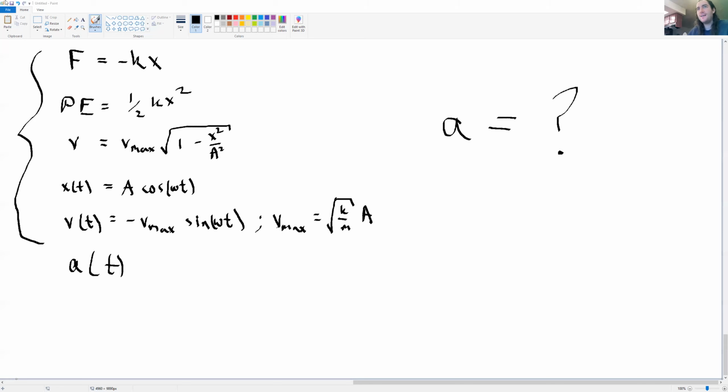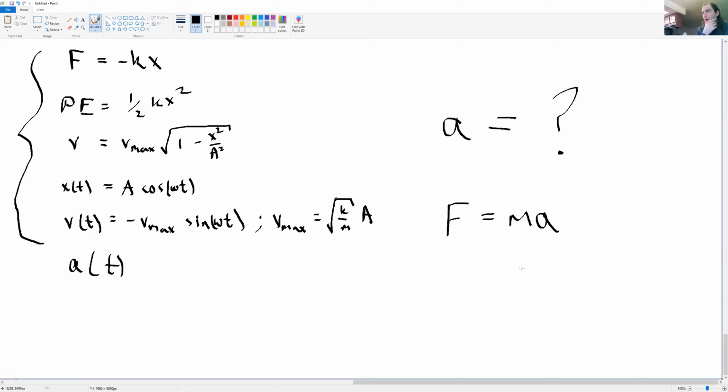Okay, so it's been a minute. So let's go ahead and recall. The way you get from acceleration to stuff we have over here is first remember that F equals ma, right? We always have Newton's second law whenever we're dealing with forces. So if we ever want to go from force to acceleration or acceleration to force, we can always write F equals ma.